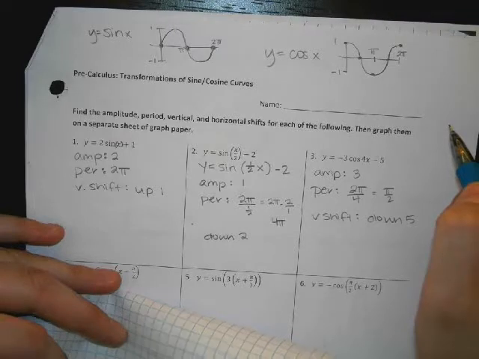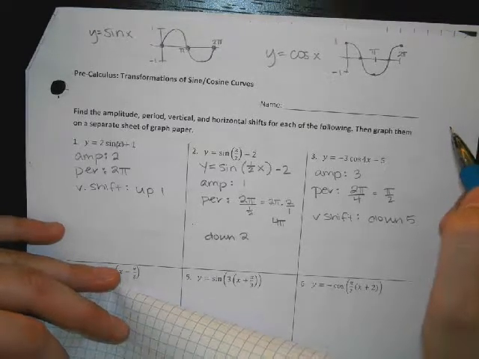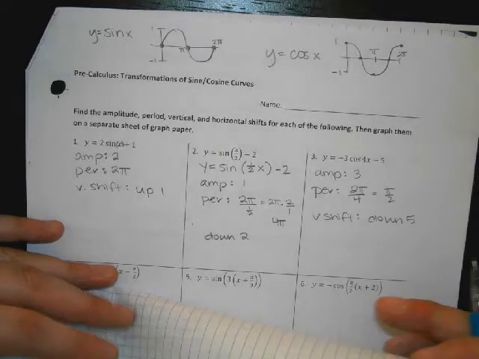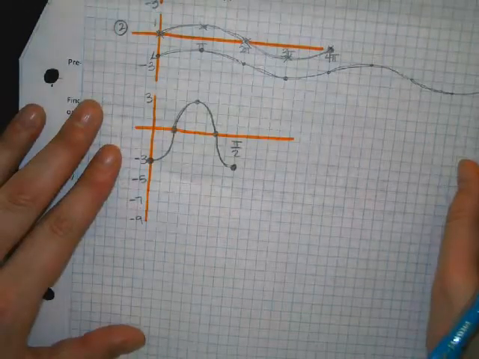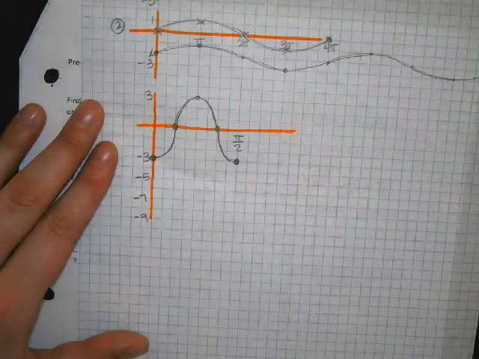Okay. Any other questions on that I can answer? So what do we do with each of those points now? We move them down 5.